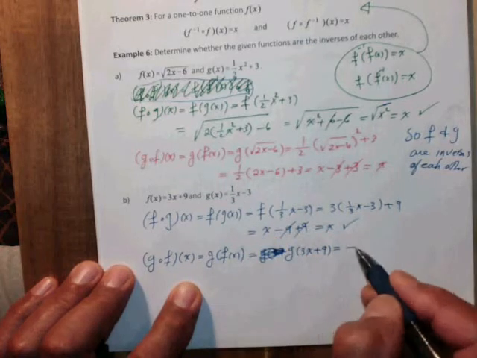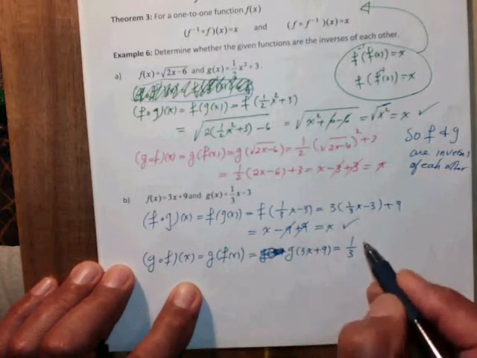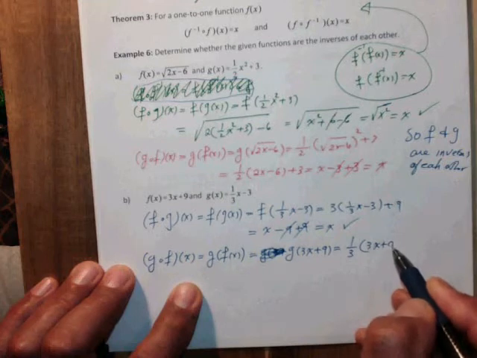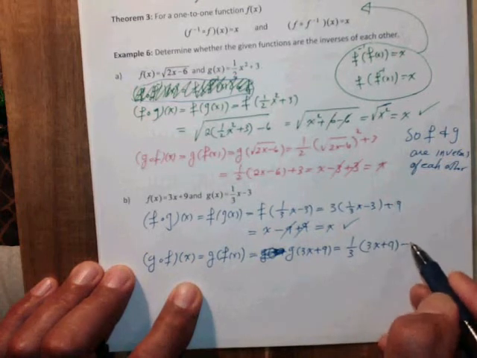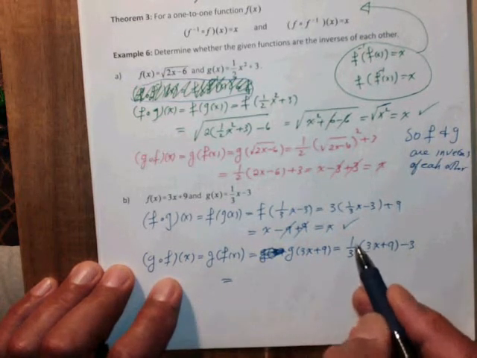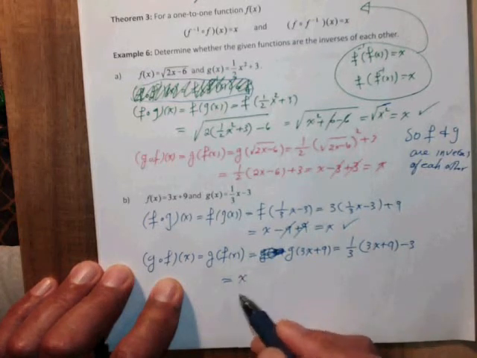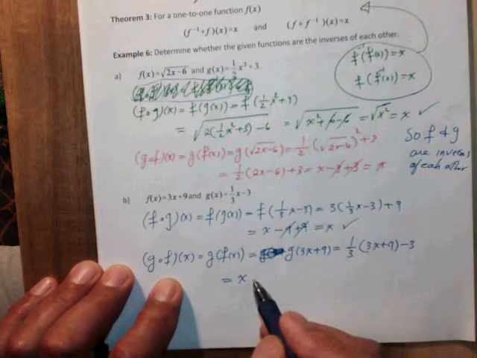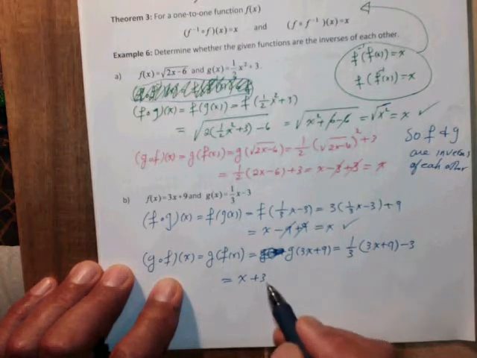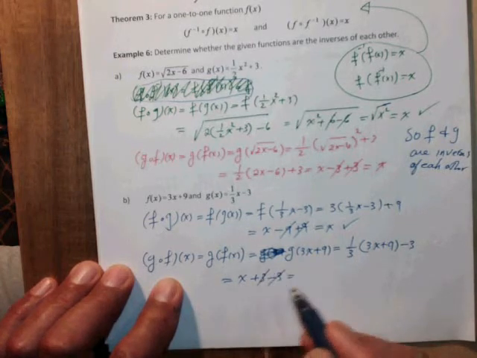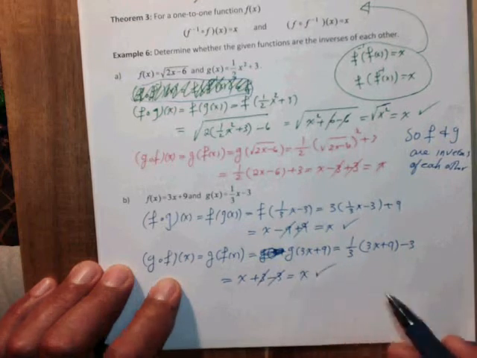So I get 1/3 times 3x plus 9, minus 3. If I multiply this 1/3 by each one of these, 1/3 times 3 is 1, so you get x. 1/3 times 9, you get positive 3, and you have a negative 3. The 3's cancel out, you get x.